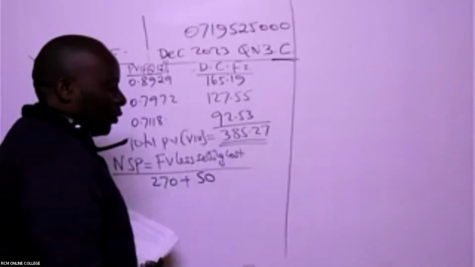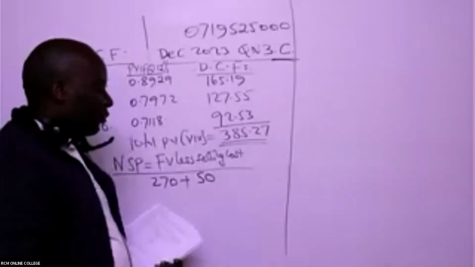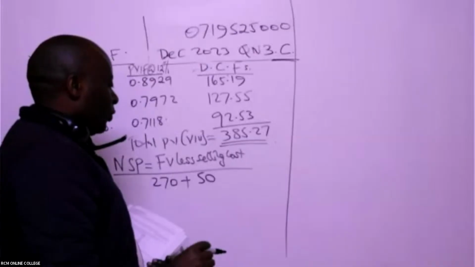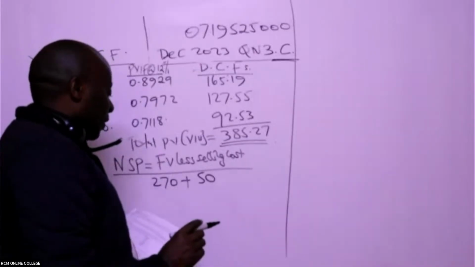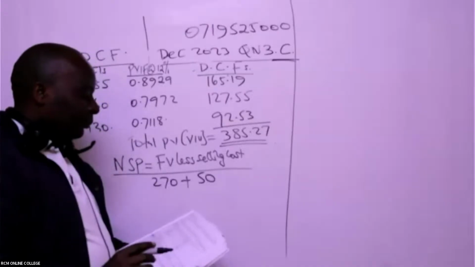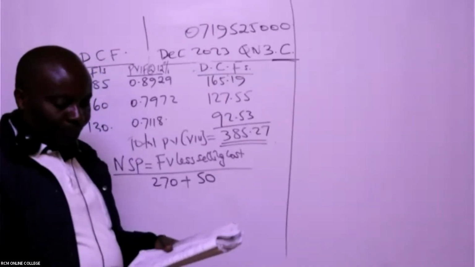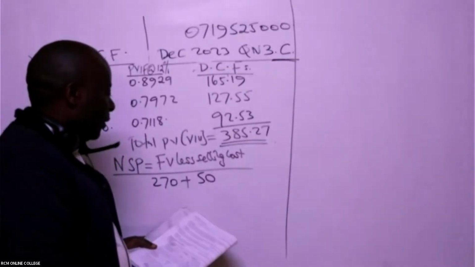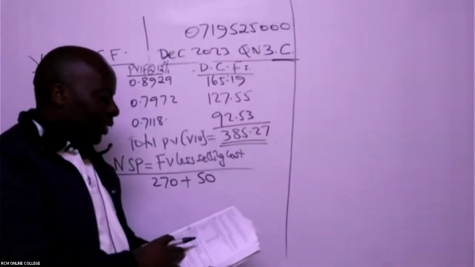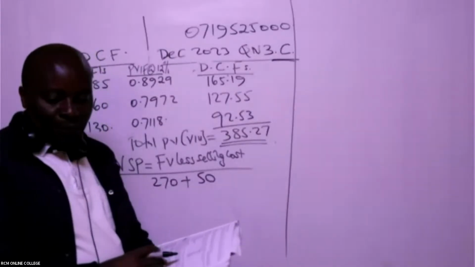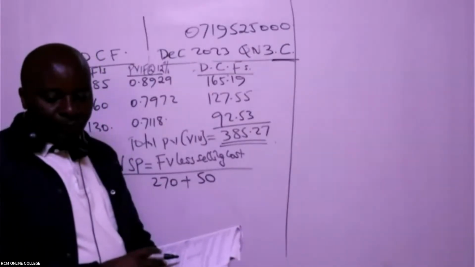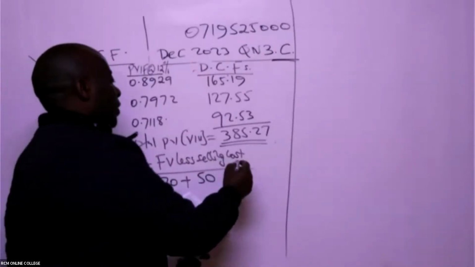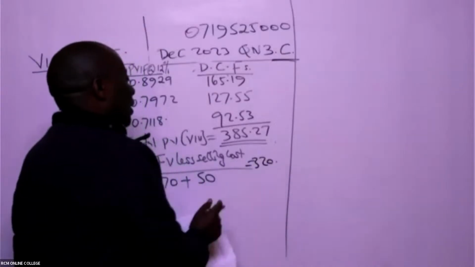These are net of any selling costs. So 270 plus 50 gives us 320.